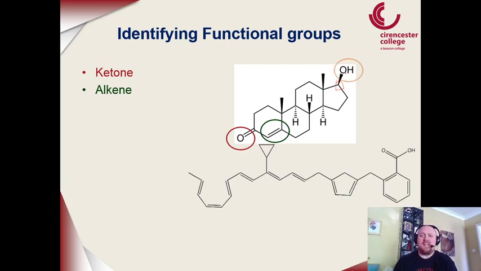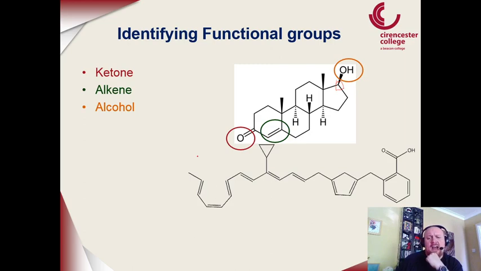But this particular functionality here, what is it? It's an OH group. It would be an alcohol group. Could be hydroxy if you were trying to name this beast of a molecule, but I've got to be honest with you, I wouldn't even try naming this systematically. We'd just find out what it is, and it's probably got a name like Bob or something like that.